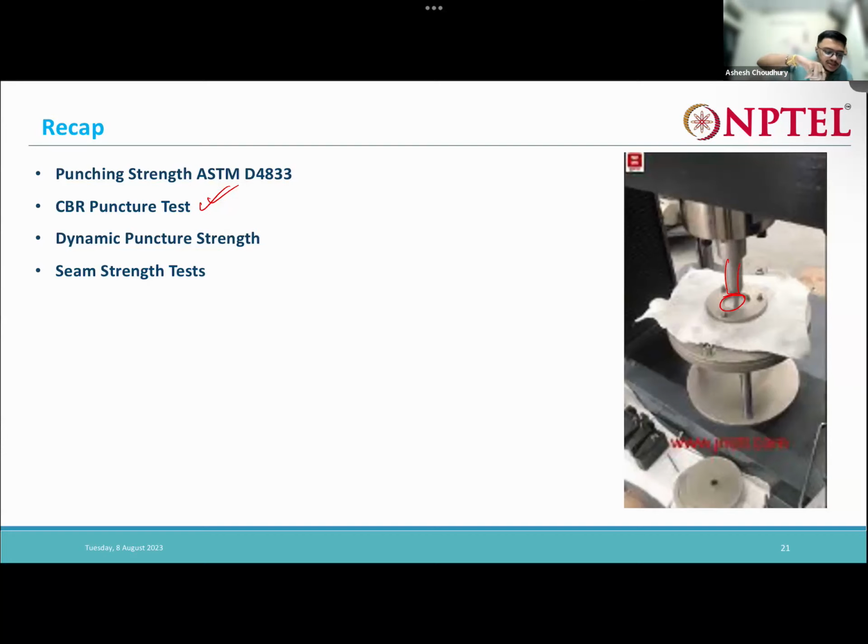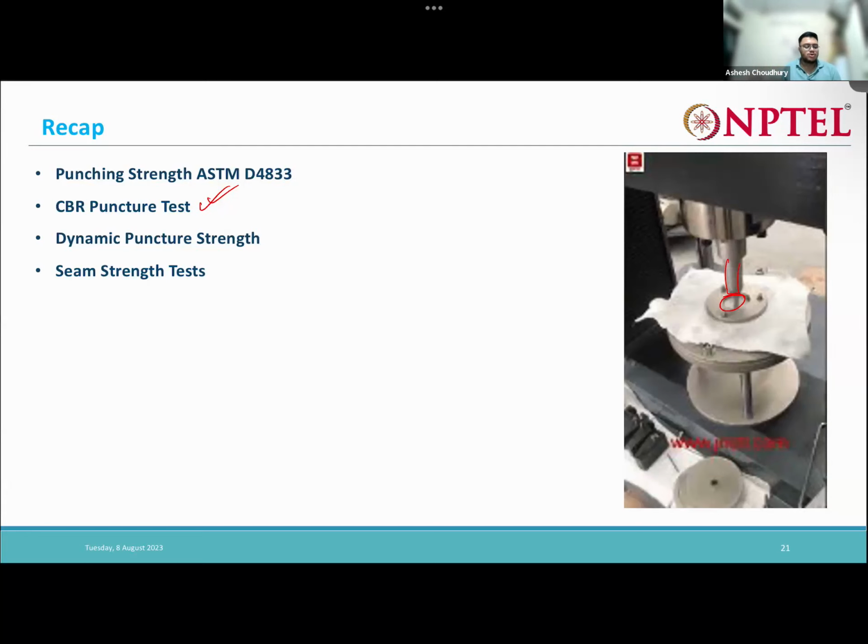We measure the diameter of the hole made by that cone. Some device is there, so using that measuring tool, we can measure the diameter of the hole. The larger the hole diameter, the larger the construction damage.